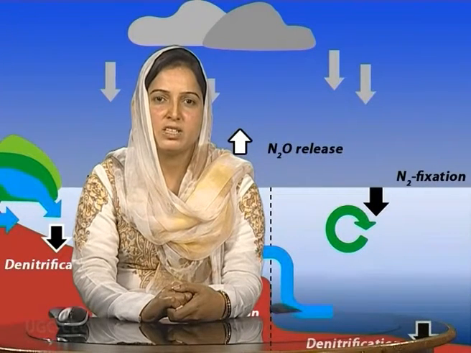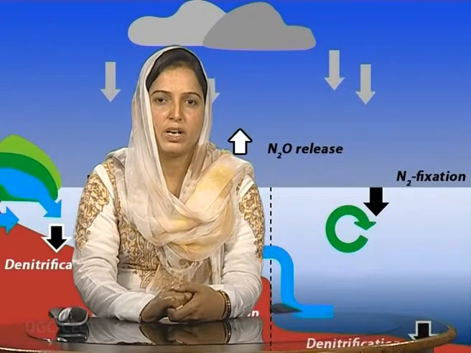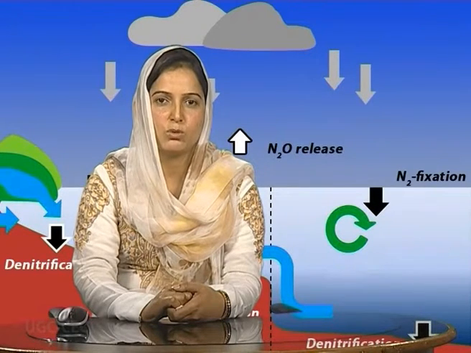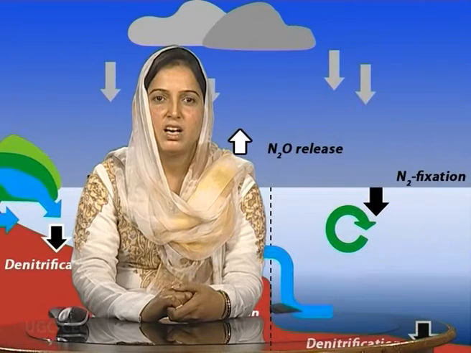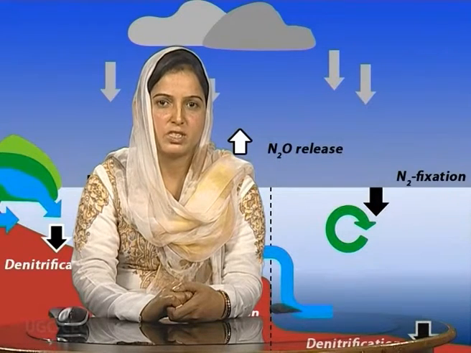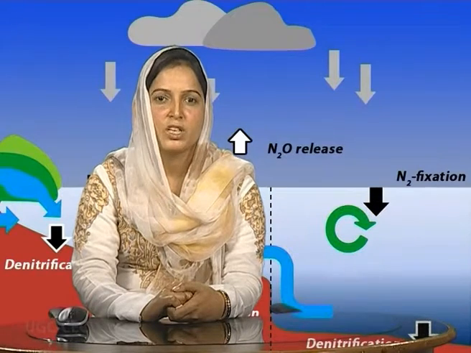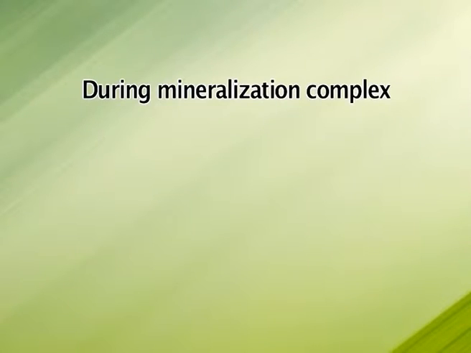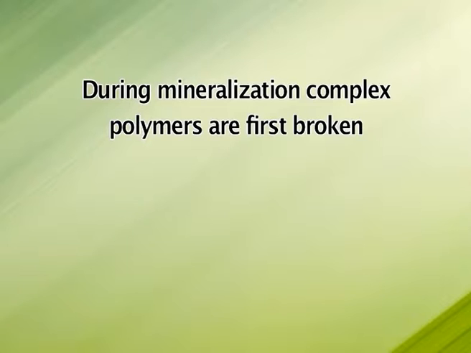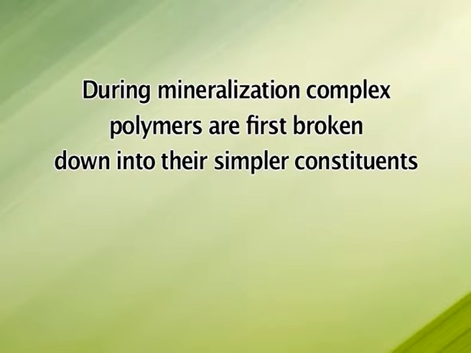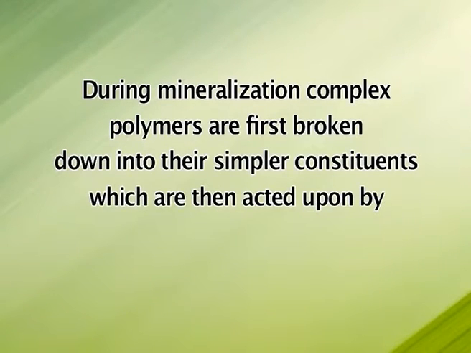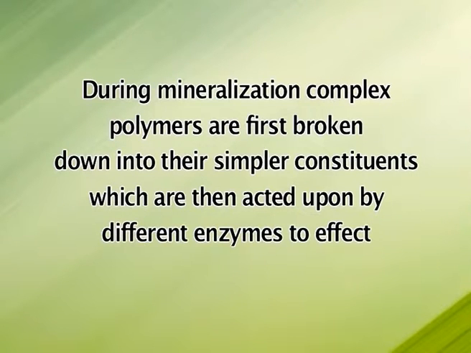While some of these mineralizers are able to use a wide variety of organic compounds as their substrates, others are more substrate specific and act only on a particular substrate. During mineralization, complex polymers are first broken down into their simpler constituents, which are then acted upon by different enzymes to effect mineralization.